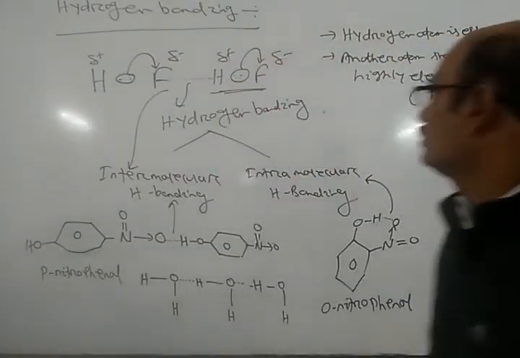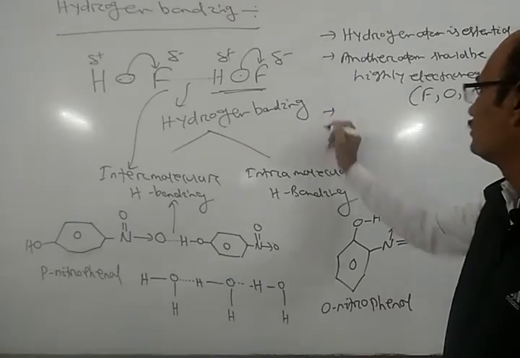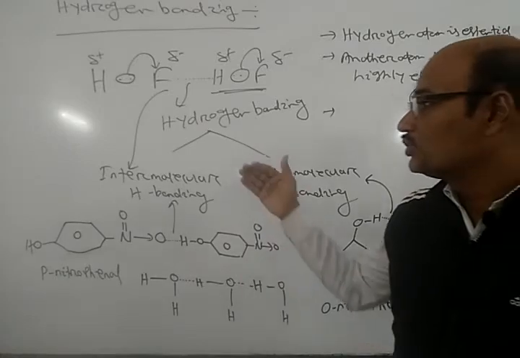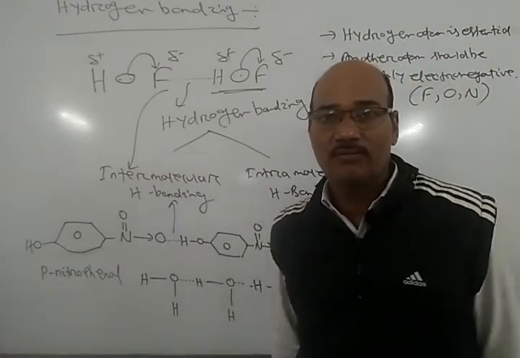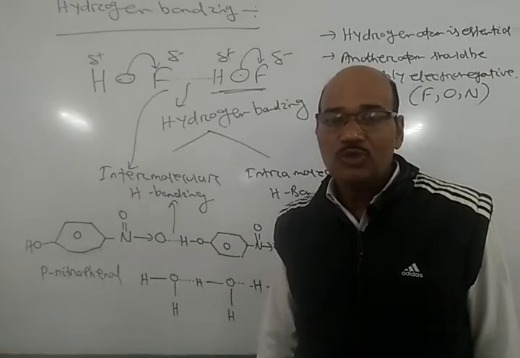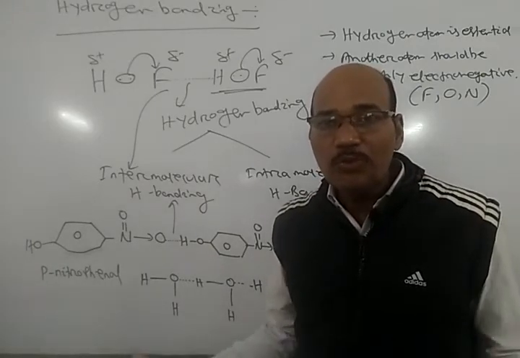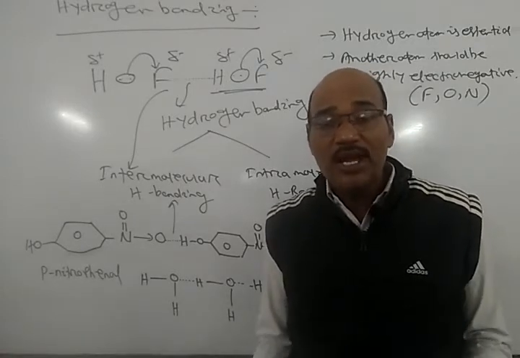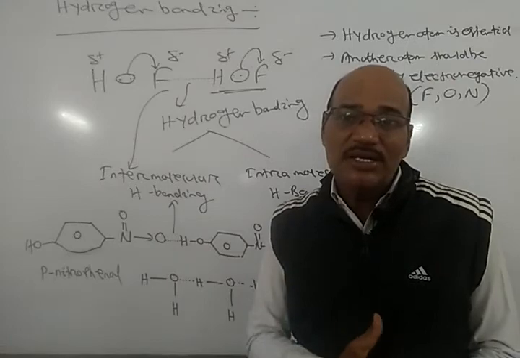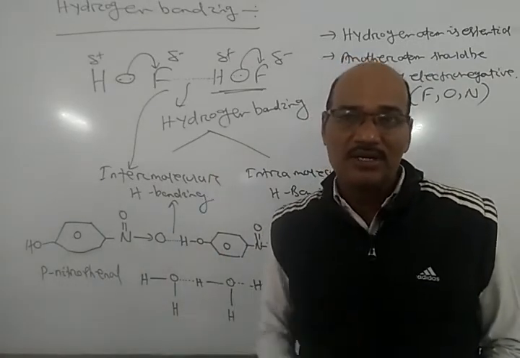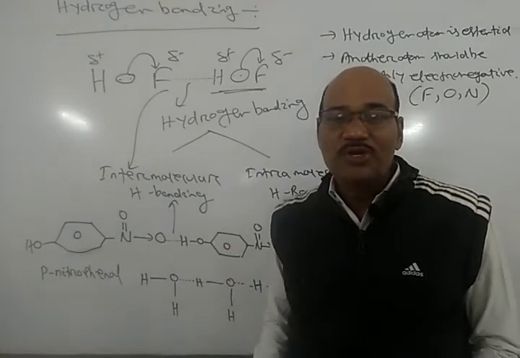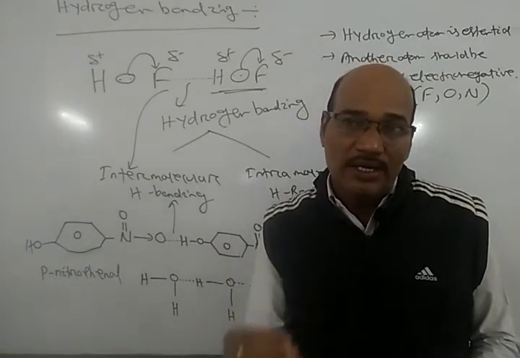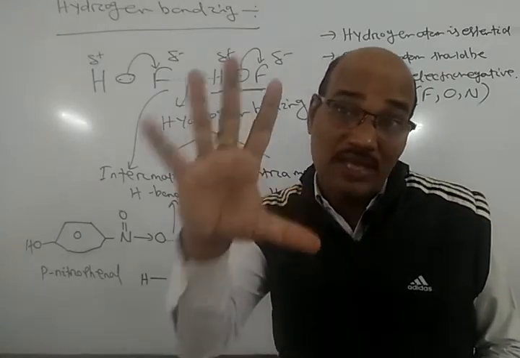And another thing, the highly electronegative atom should be small in size. So we cannot take chlorine, bromine, iodine. They also have high electronegativity, but we cannot have hydrogen bonding between H and Cl, H and Br, H and I. We can have hydrogen bonding between H and F, because F is highly electronegative and small in size.